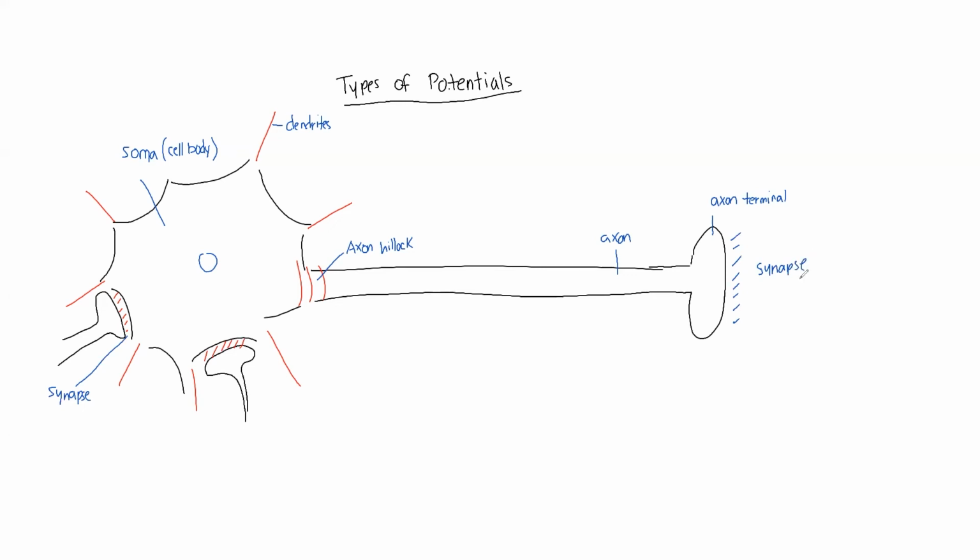Now we want to think about two different types of neurons. As we speak about these signals communicating from one neuron to another, we have a presynaptic neuron and a postsynaptic neuron. So in this example, this would be our presynaptic neuron.